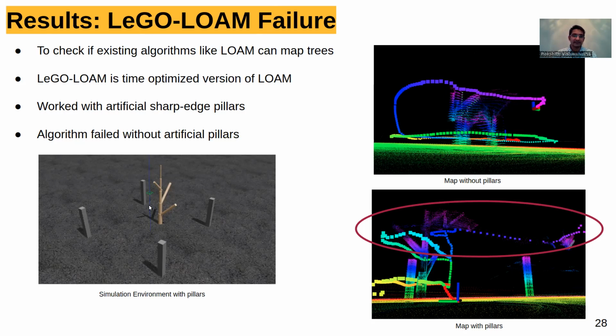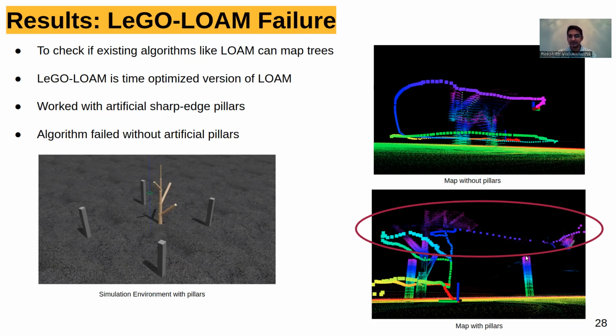However, to validate that the lack of mapping was because of the lack of sharp edges, I added these pillars artificially. And on adding those pillars, we could see that the mapping for the tree was performed accurately, but only up to the height of the pillars.